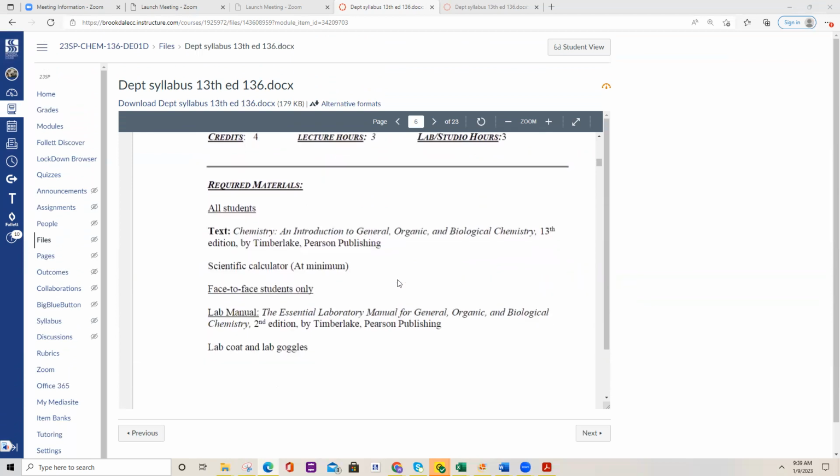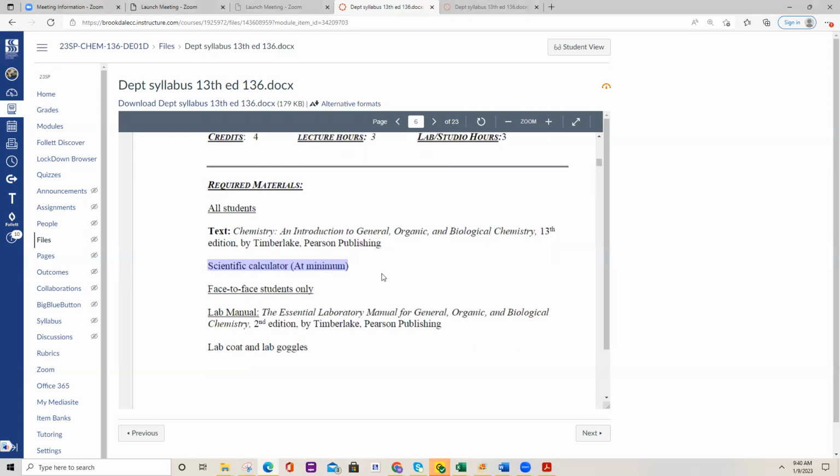First thing is the required materials. All you will need is the textbook and a scientific calculator. The textbook is the 13th edition, as well as a scientific calculator. You don't need a lab manual or any lab code or any lab goggles.